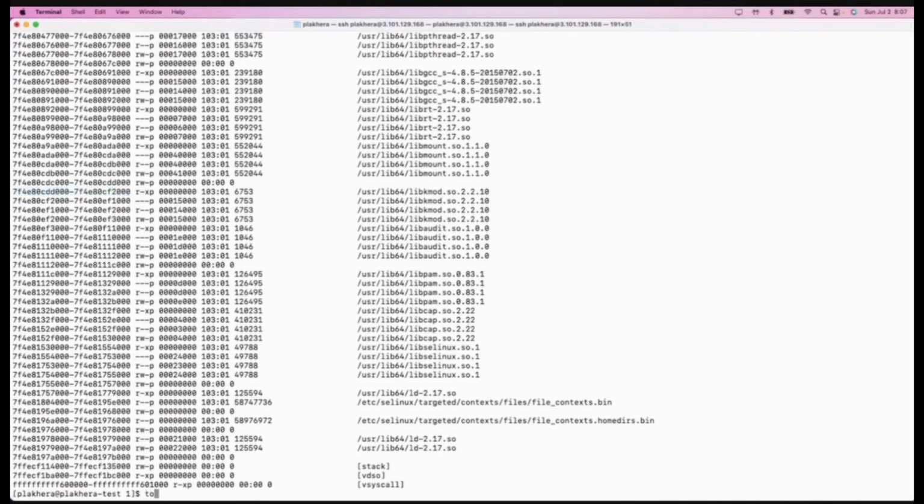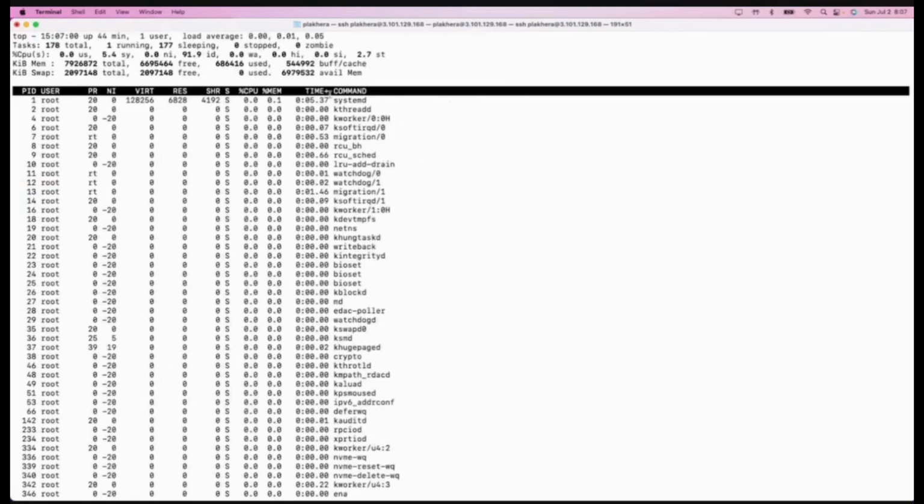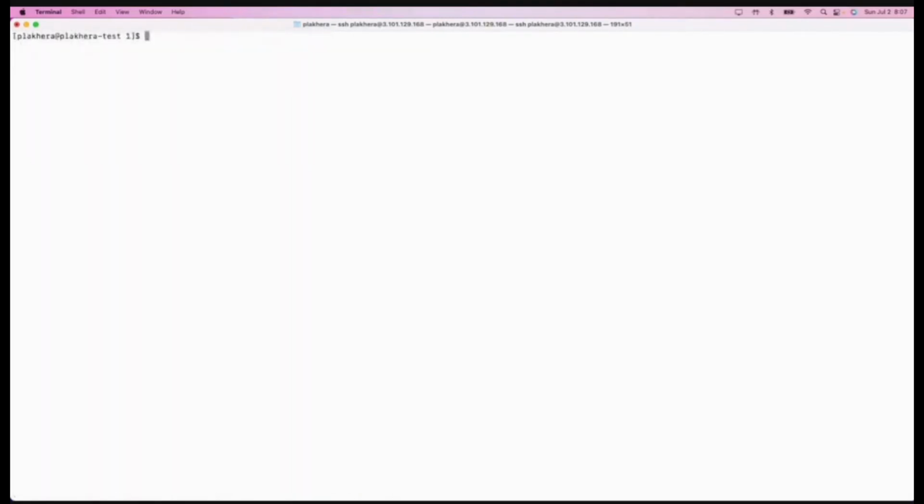We looked at this in yesterday's session, this is the virtual column, which we have seen. And the rest is for resident memory, which is the actual memory, your RAM. So we can talk about this later, but the gist of it is that proc is the directory which holds all the process information.